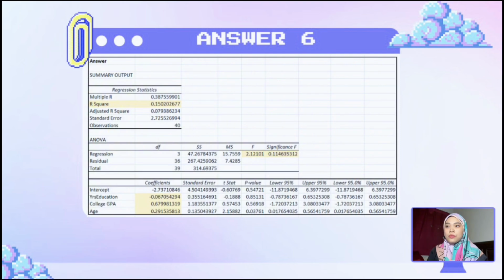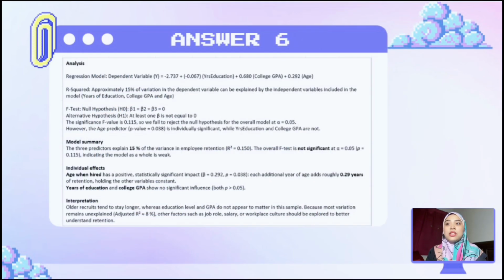For the analysis, the regression model has dependent variable y equal to negative 2.737 plus negative 0.067. For the R squared, approximately 15% of variation in the dependent variable can be explained by the independent variables included in the model. For the F test, the null hypothesis is tested against the alternative hypothesis that at least one coefficient is not equal to 0.